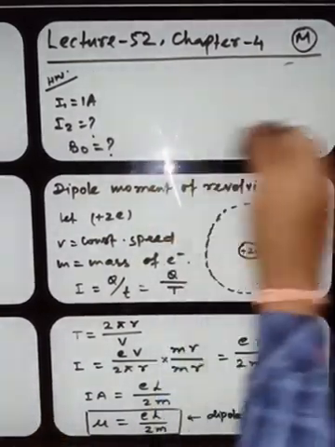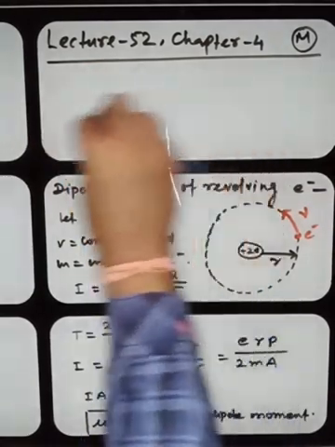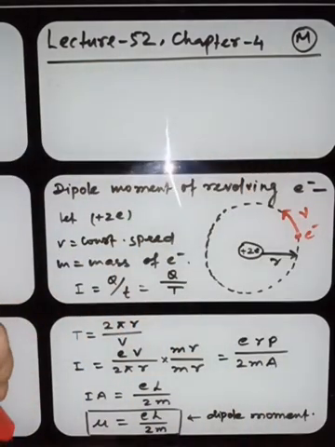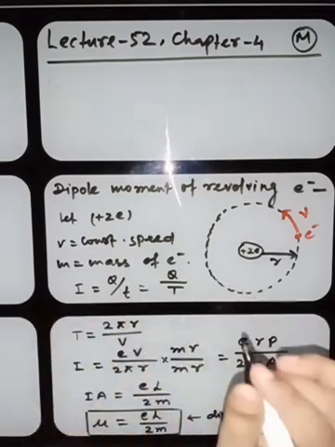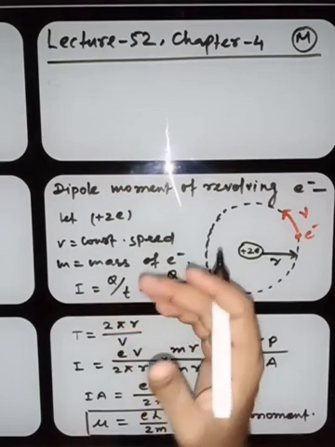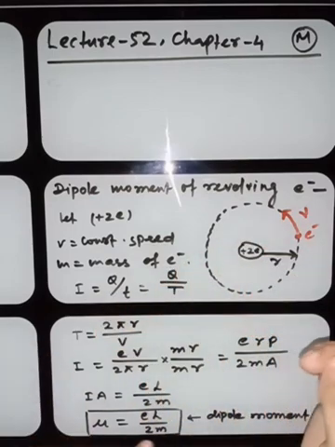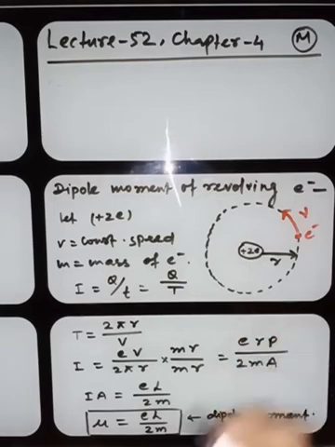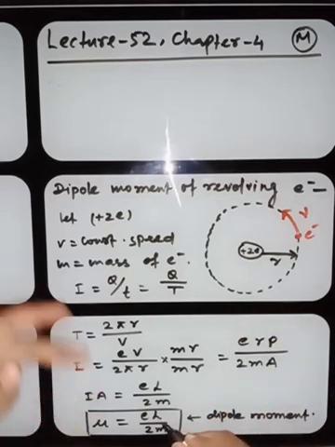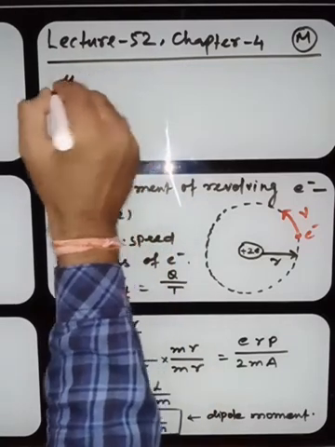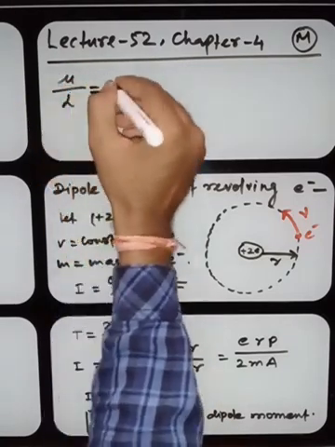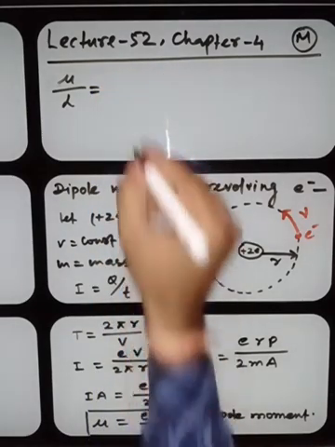Now we are going to discuss two quantities that are mentioned in NCERT and used to be asked in board examination. One is the gyromagnetic constant, and the second is the Bohr magneton. The gyromagnetic constant is a constant value for the electron. Since angular momentum can change, the constant you will find is e by 2m. Mu divided by L, the magnetic moment divided by angular momentum, is called the gyromagnetic constant, which is e by 2m.